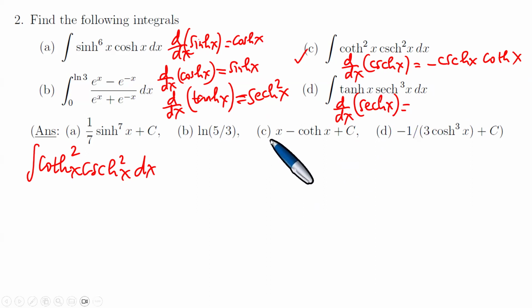What is the derivative of the sech of x? It is minus the sech of x, the tanh of x.